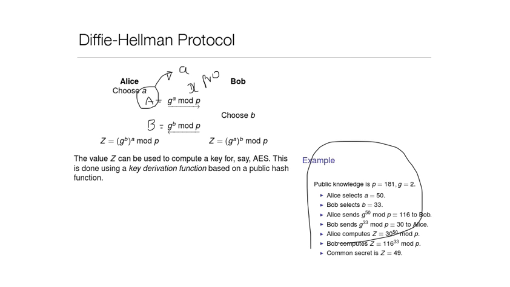But if we have something long-term, let's say Alice chooses a value small a and keeps it for the long term, and Alice publishes a capital A value computed using this small a and says this is my public key. So for example, Alice chooses a small a value, which is the static secret key of Alice, computes the capital A value, and then registers the value A at some trusted third party.